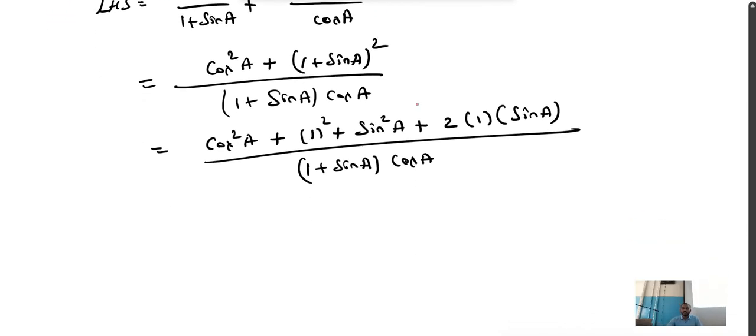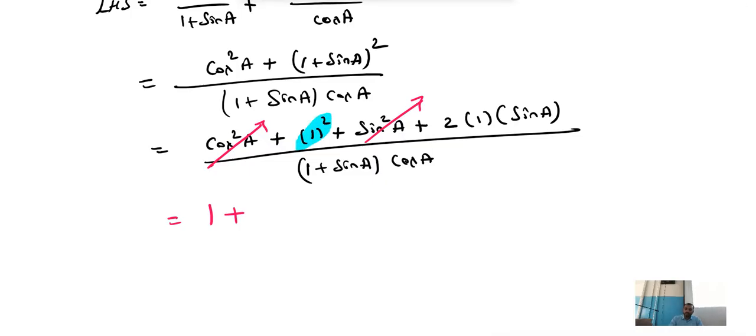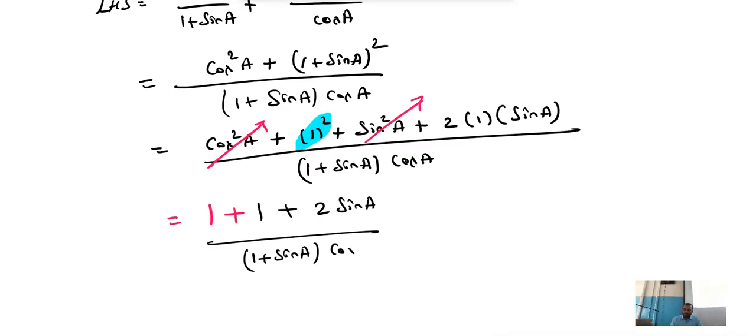Sin square A plus cos square A is equals to 1, plus this 1 square, this 1. Correct? Plus 2 into 1, 2 sin A divided by 1 plus sin A into cos A.